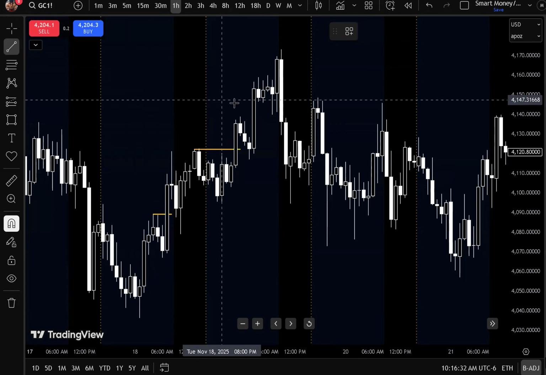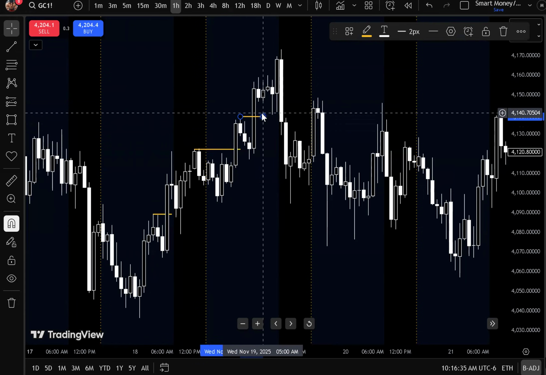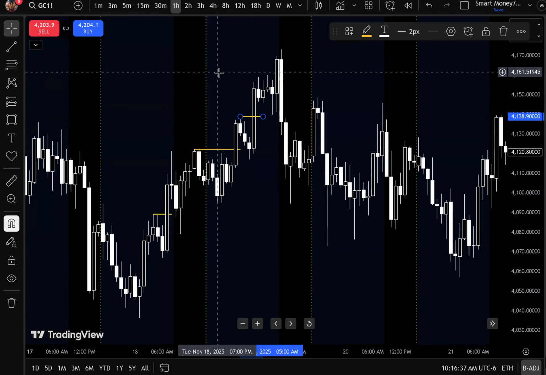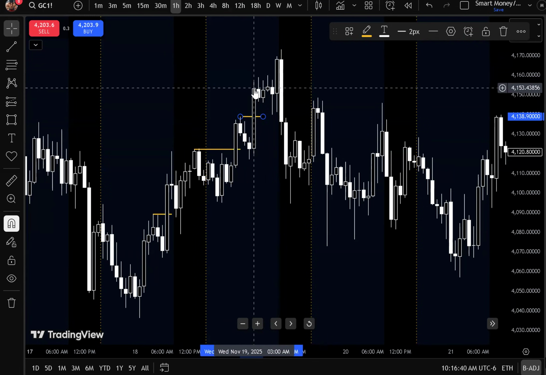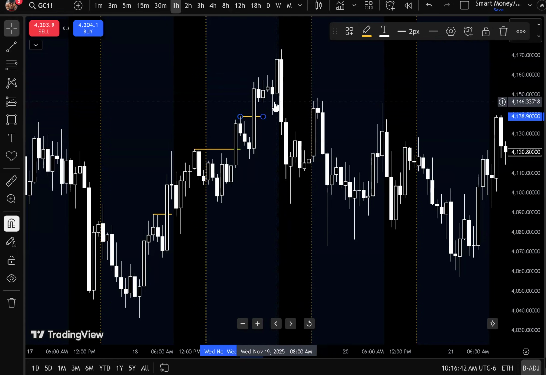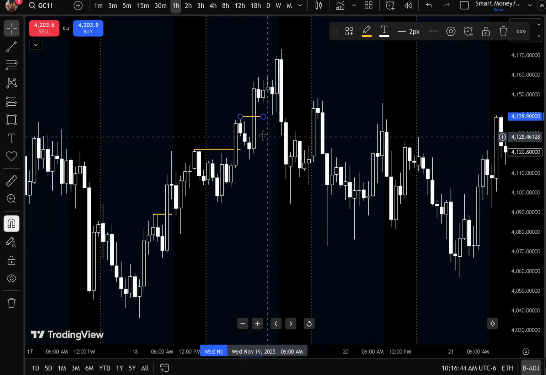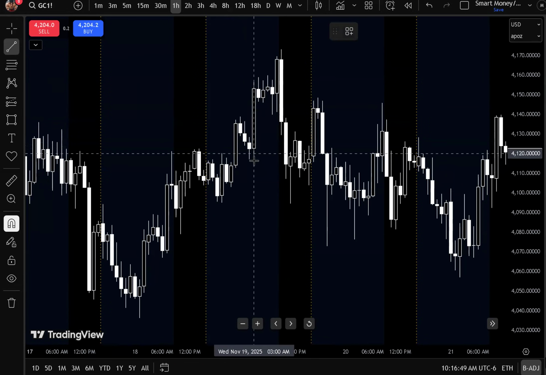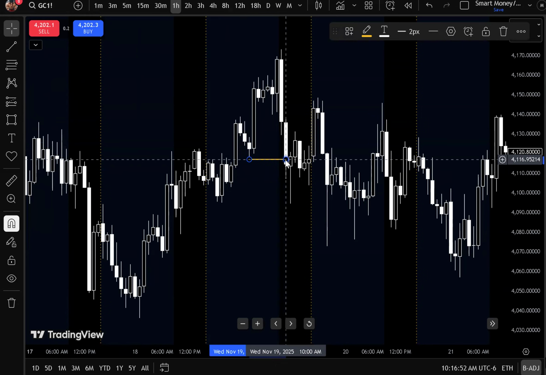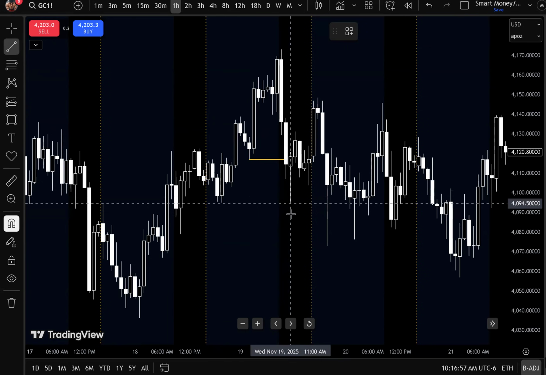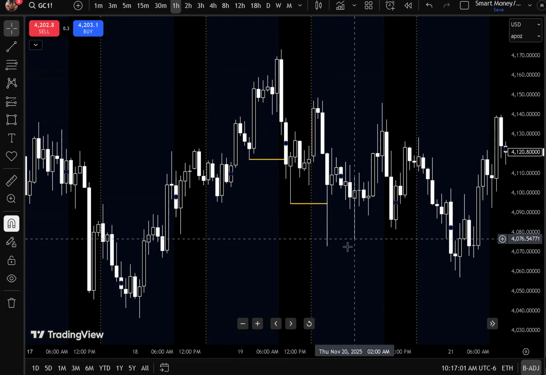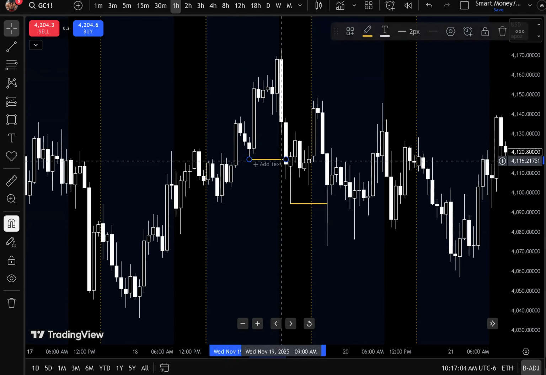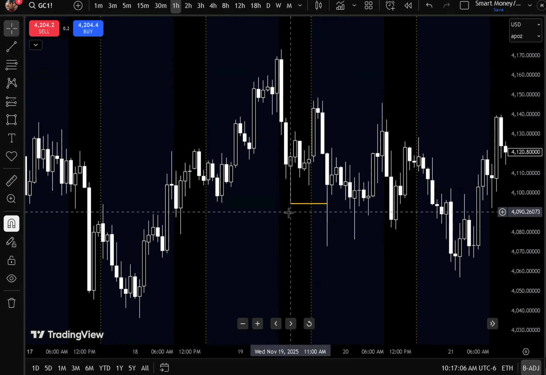Another high broken here, indication. Everywhere those highs are broken, we have indication. And even once it breaks, watch on this side over here, we have indication here. On the low side, indication, another indication here. So everywhere we get breaks of structure, we get indication.